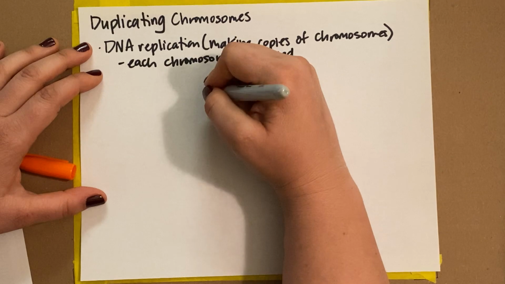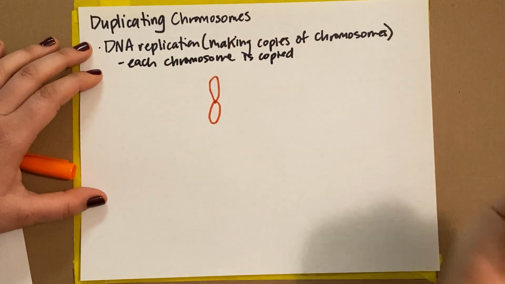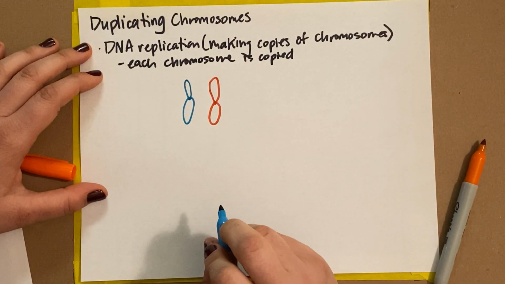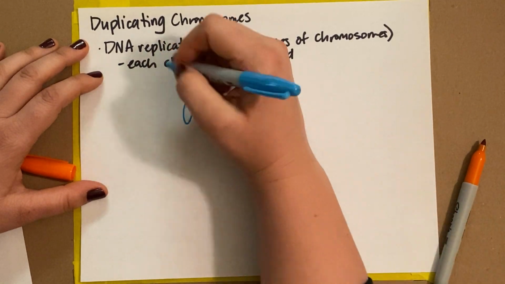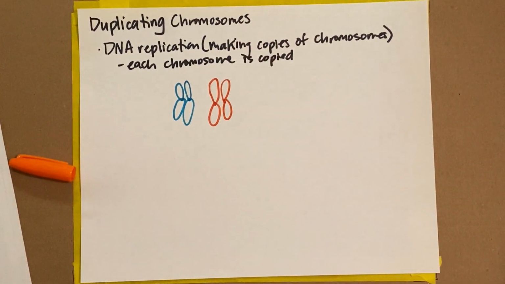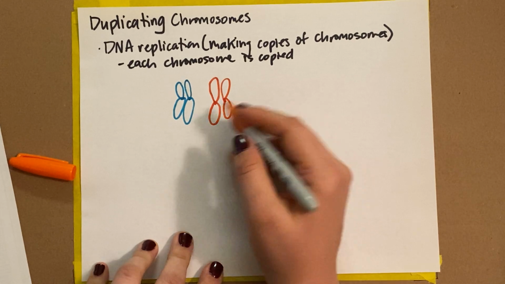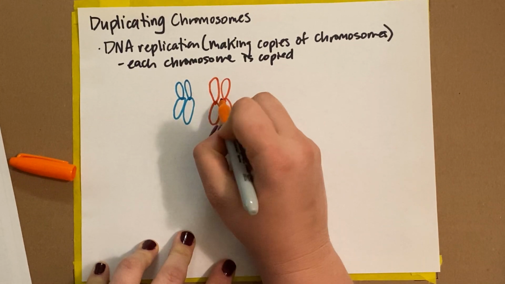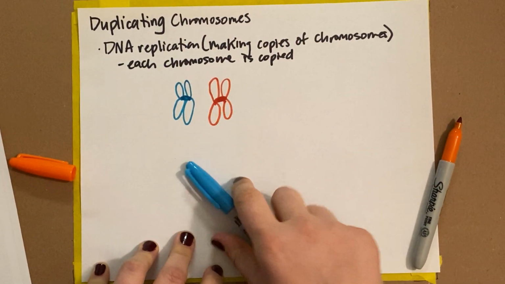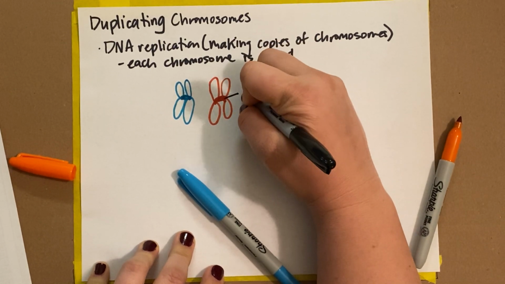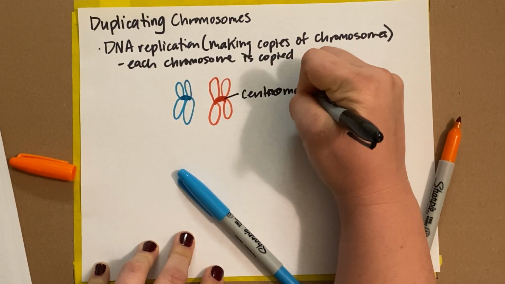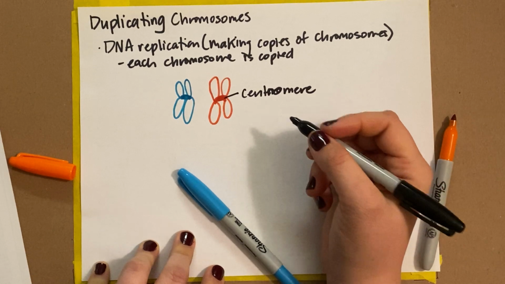Okay, and I'm gonna go back to what I always do. So we have our dad's chromosome, we have our mom's chromosome. Okay, and during the process of DNA replication, we are going to make a new blue one for mom's, a new orange one for dad's, okay? Now, when we produce new DNA, they're actually bound together in the center, and we call this center part the centromere. Okay, so both of them would have that centromere.